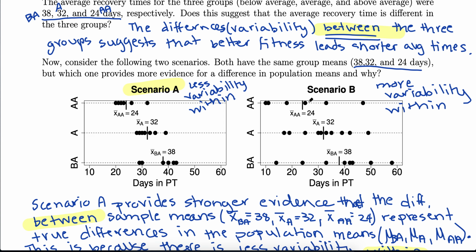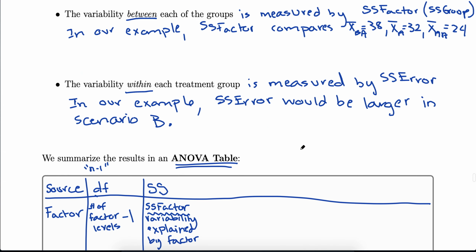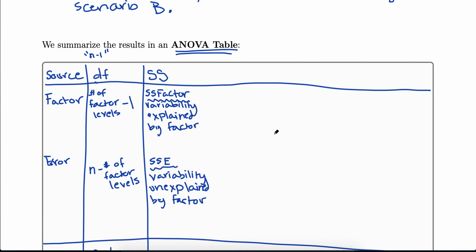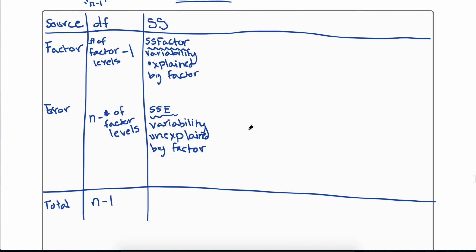So that's like saying, I'm checking out all these people with above average fitness, and they still don't have the same recovery time. There's still something I can't explain. Some people take less than 24 days, some people take more than 24 days. There are still unexplained differences, even though I'm already looking at people that all have the same physical fitness level. So that's what our SS error is measuring, variability unexplained by the factor.